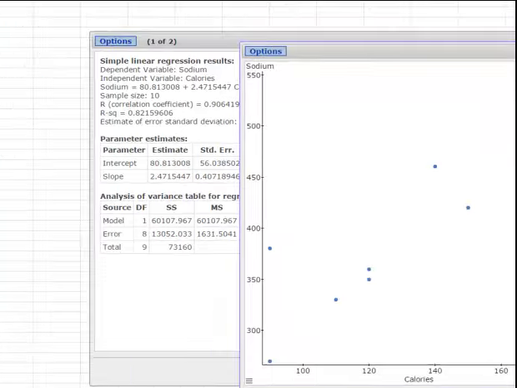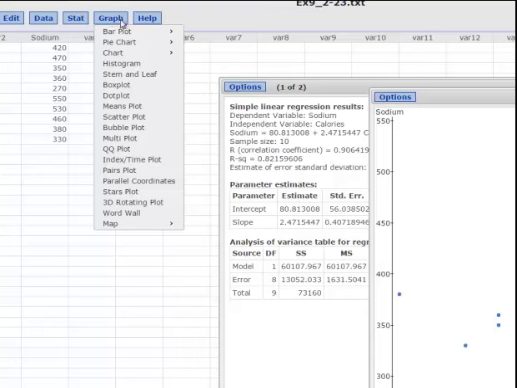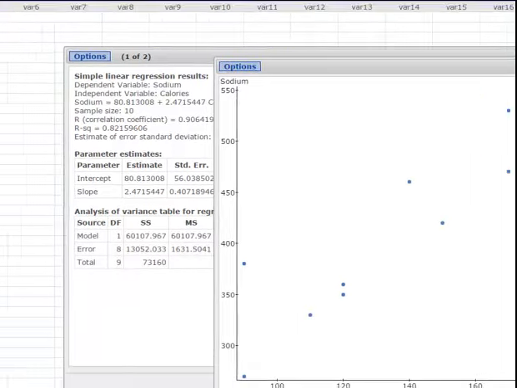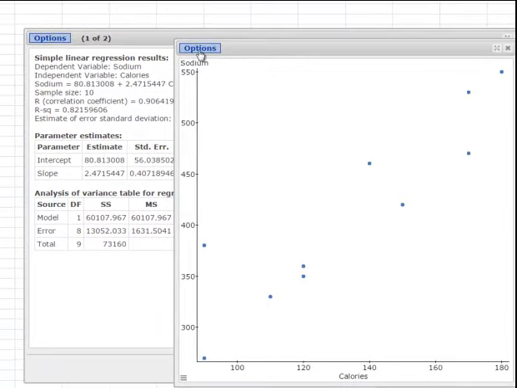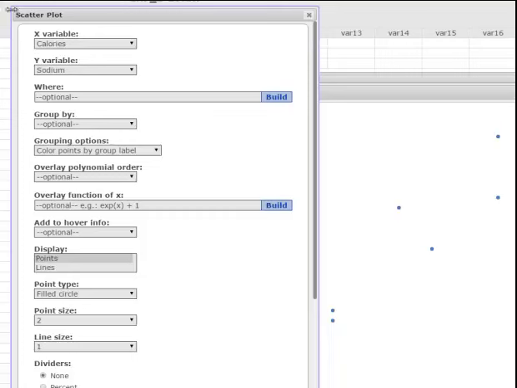Going back to Graph, I can click on Options and edit my previous screen, rather than having to go through it from scratch. Or you can go through it from scratch; you'd have to tell it what the x variable is and the y variable is.